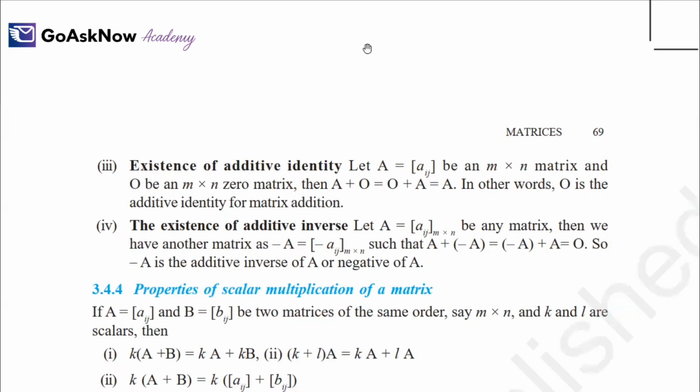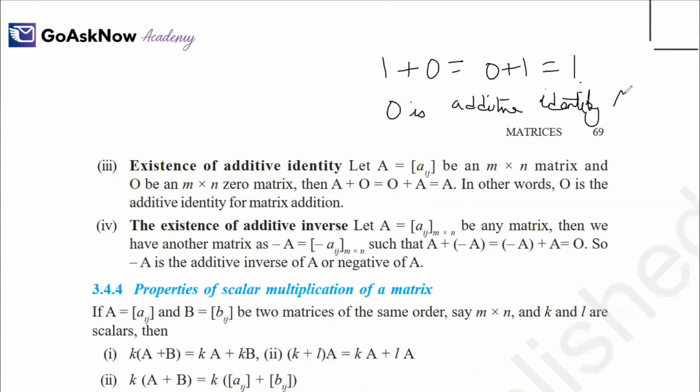Like if you have 1 here, you will say that 0 is the additive identity for this. You can write it like 0 plus 1, it will give 1 only. So 0 is your additive identity for natural numbers, like 1, or real numbers.